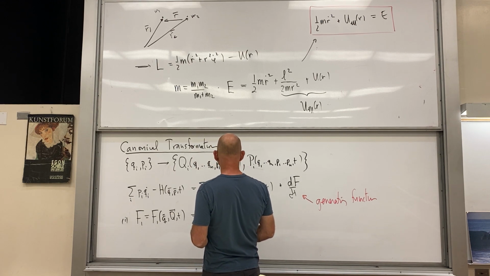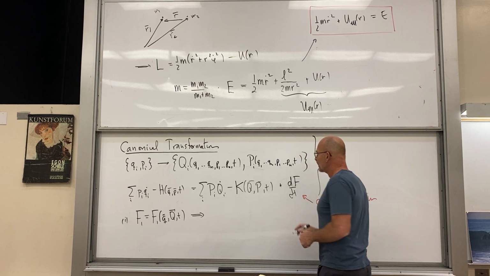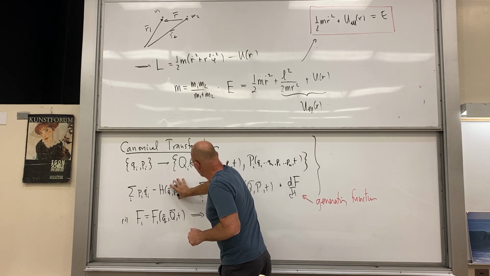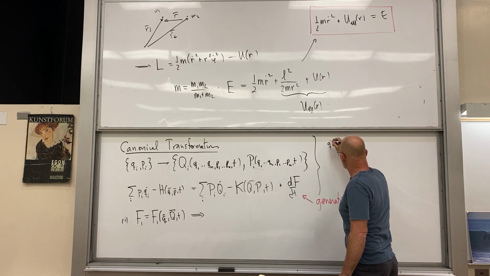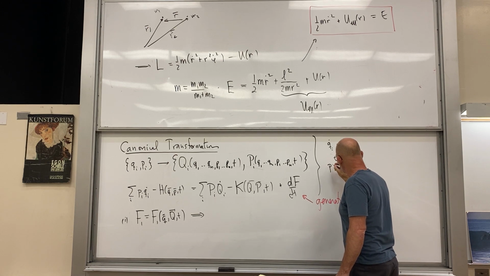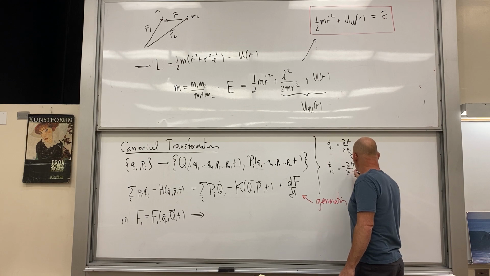Actually, I want to make this more complete. Before I write those conditions, remember for this Hamiltonian here, we of course had q dot equal to dH/dp and p dot equal to minus dH/dq.